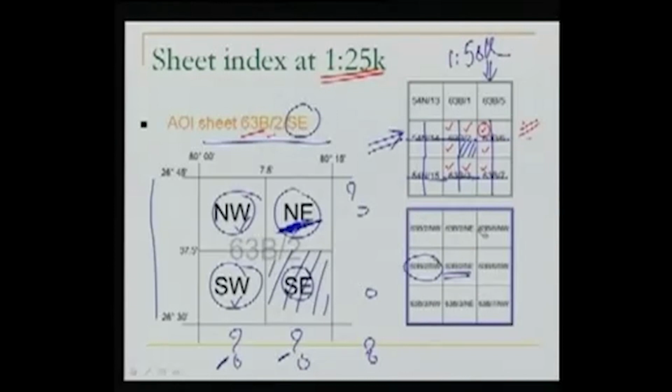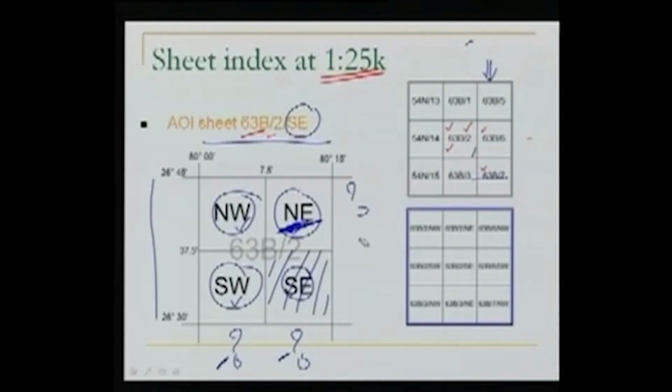So what we have seen so far is, if we know the latitude and longitude of a place, so far I was taking a point, it could be an extent also, a polygon, and we want to see what all sheets will cover that polygon. So that can also be done.